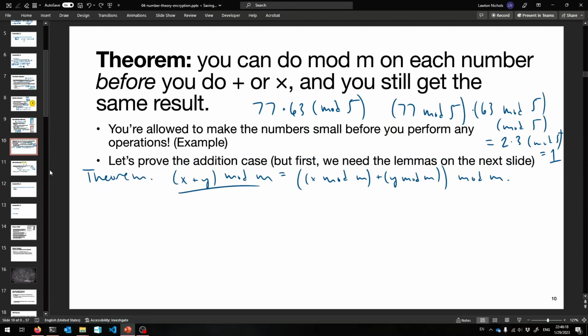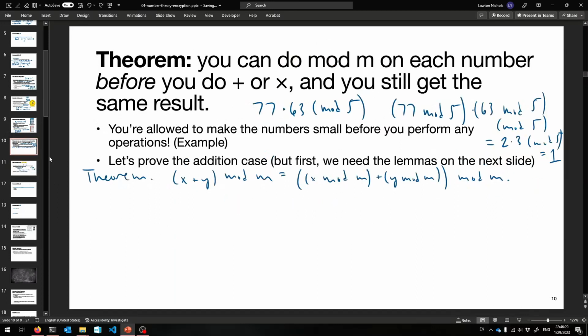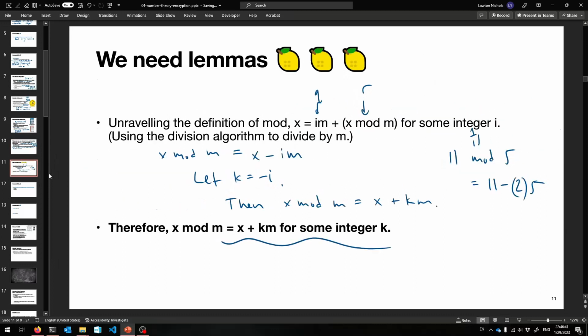I'm doing x mod m and y mod m. Because I did those, I know that this theorem holds. So what do I know after I do these operations? I know that x mod m, by my lemma, is equal to x plus km. I'm just reading off the definition, what I just proved.